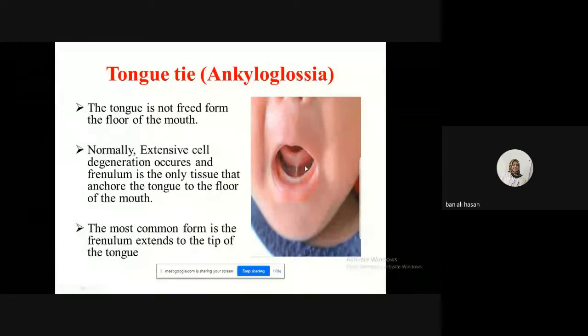And this case will affect the newborn baby in the feeding, and later on in the speech time. Okay.